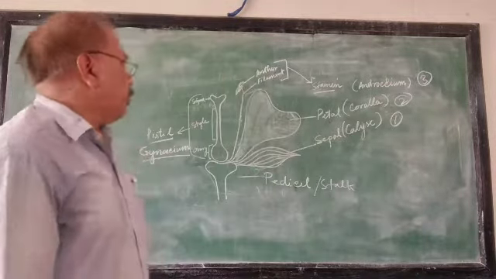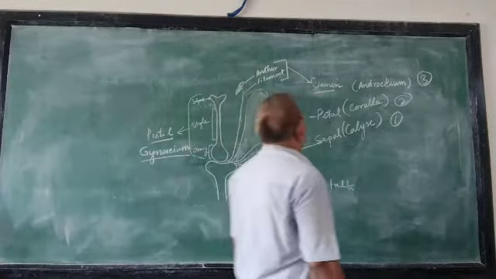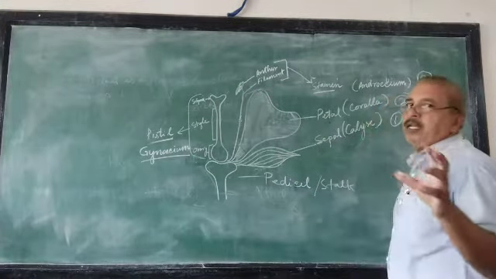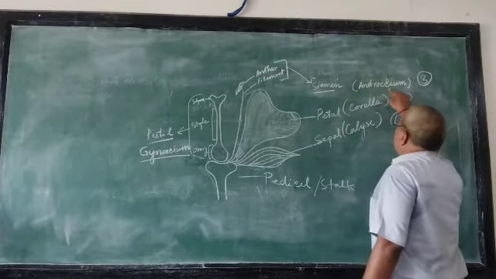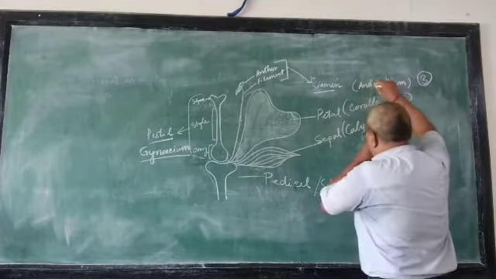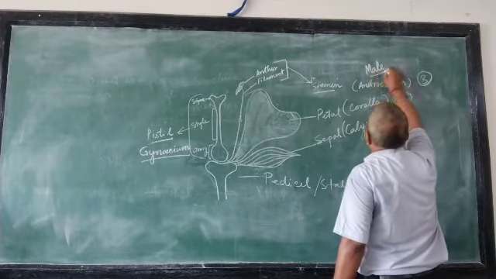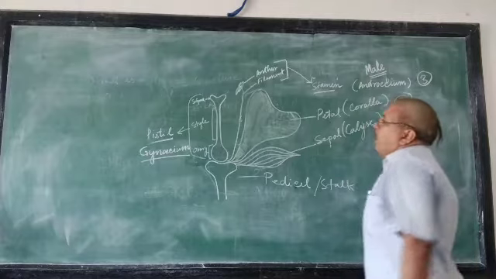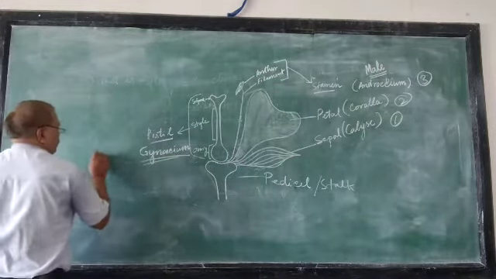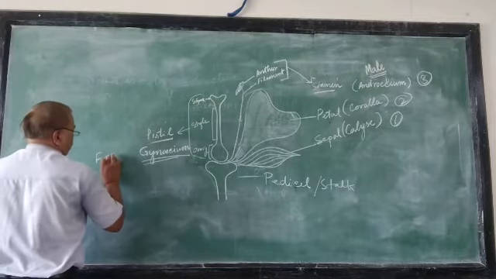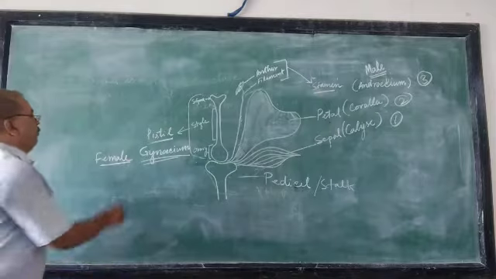So these are the different parts of the flower. And here one more thing I would like to add to your knowledge. This stamen or androecium is the male part of the flower, and this gynoecium or pistil is the female part of the flower.